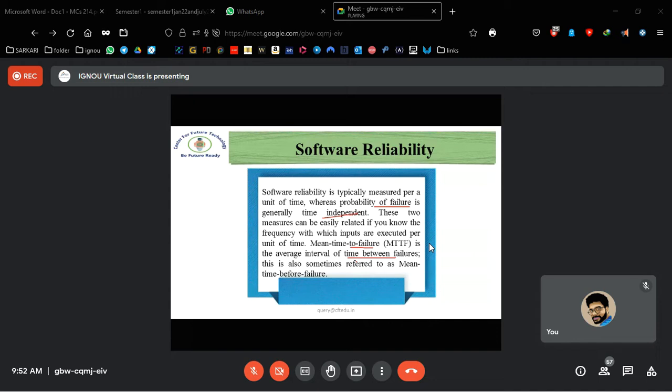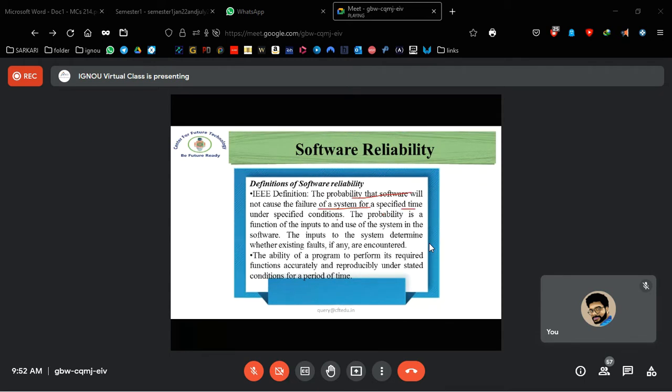Software reliability, as per the IEEE standard, is the probability that the software will not cause the failure of the system for a specified time under specified conditions. Rather, the probability is a function of the inputs to and the use of the system in the software.